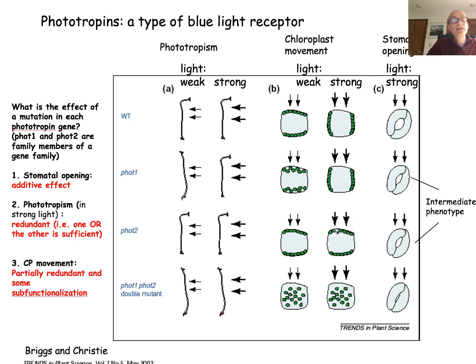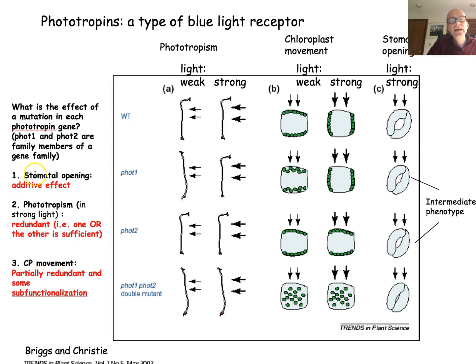They both act in chloroplast movement, but they have different subfunctions in terms of how they move the chloroplasts out of the way. But they also are redundant in that they move chloroplasts, and if you knock them both out, then chloroplast movement is completely abolished. That's, again, an example of redundancy. So I wrote here partially redundant and some subfunctionalization.